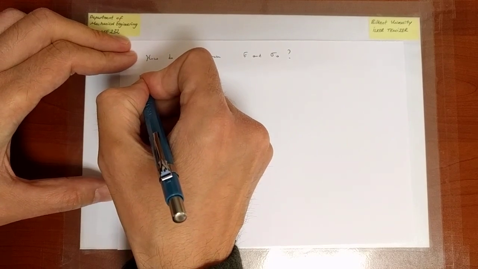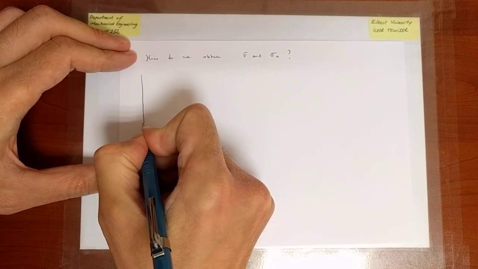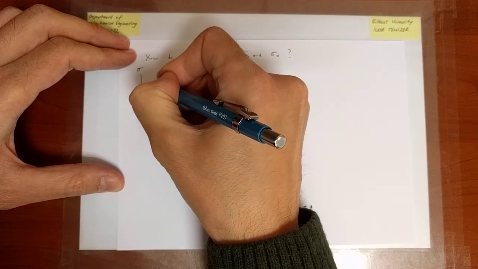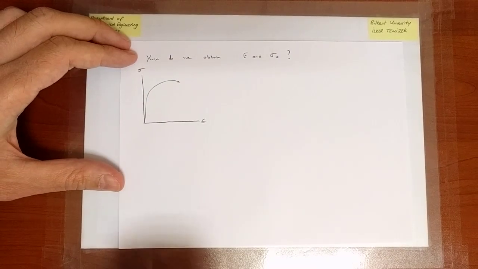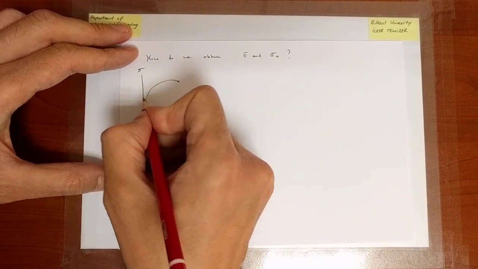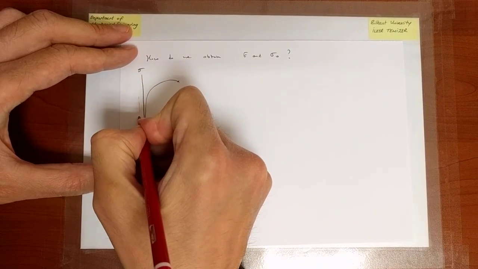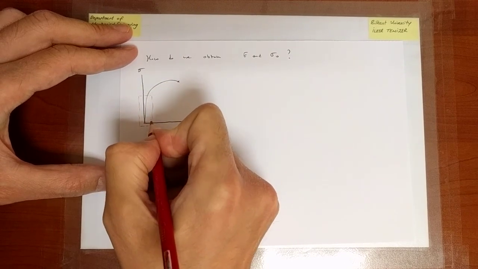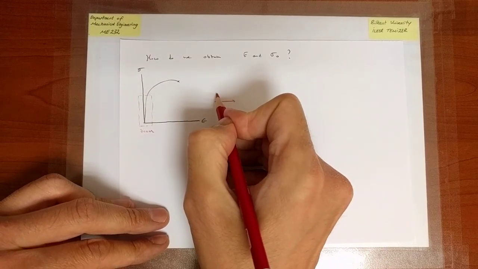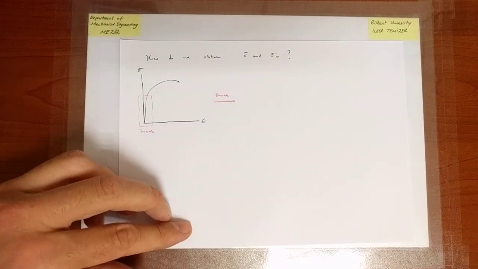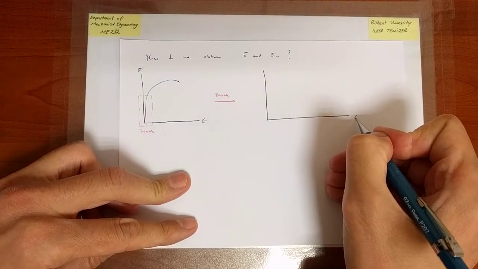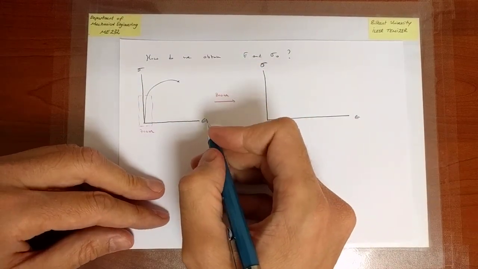Now, let's go back to our prototypical stress strain curve. This is what we have. I'm trying to draw it still idealized, but as close as possible to reality. Now, because this portion is very narrow, I'm going to take that portion and zoom into it and draw that narrow portion of the stress-strain curve in a separate plot.